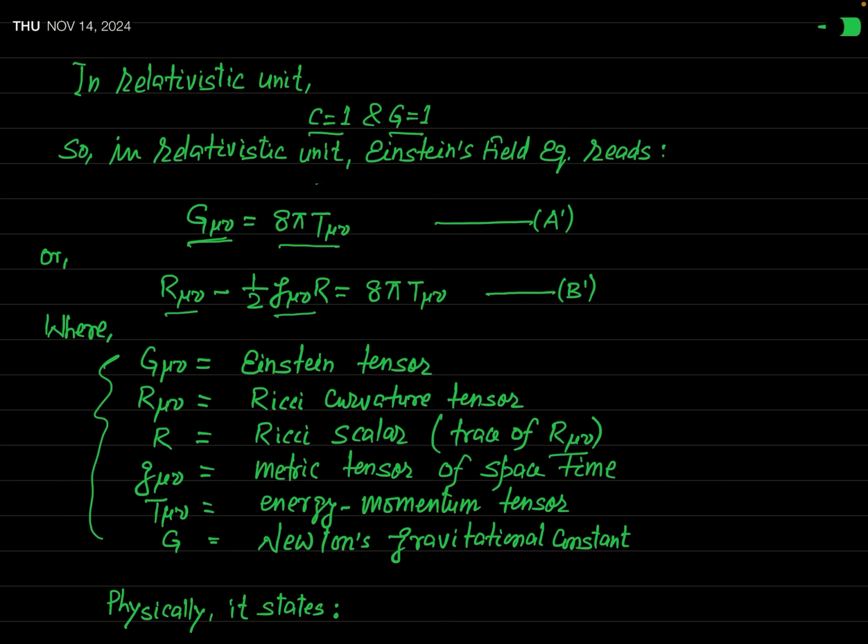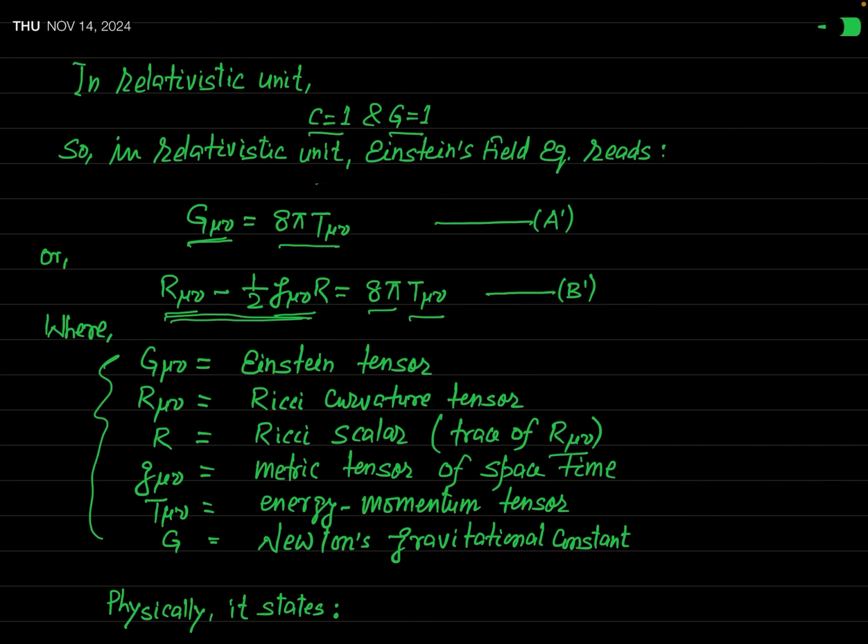Now what does this Einstein equation physically state? You can see that on the LHS there is a tensor R mu nu minus 1/2 g mu nu R. In fact, R mu nu represents the curvature of space-time. 8 pi G is a constant factor, and T mu nu is the energy momentum tensor.